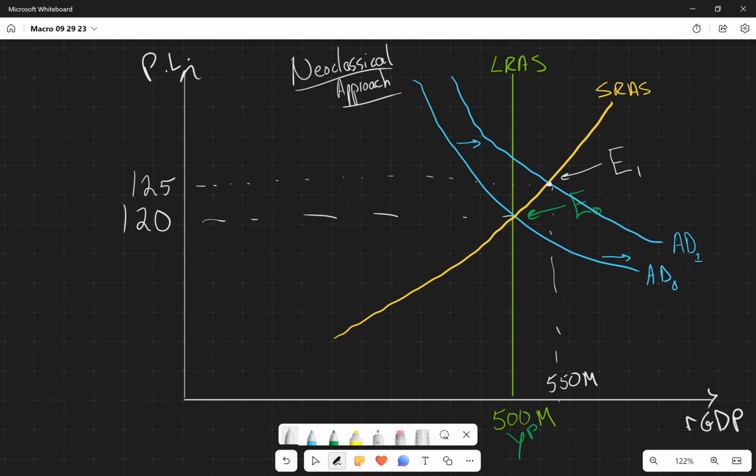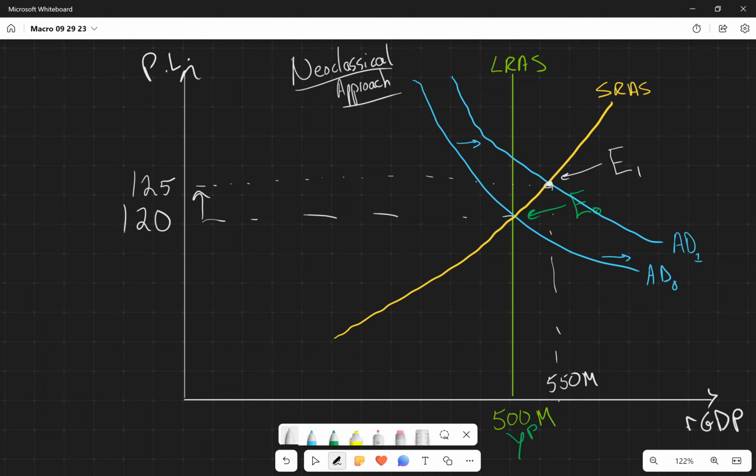So at this higher demand, we're at higher price levels, right? We know that 125 is greater than 120, the price is increasing. Now again, one of the assumptions for the short run aggregate supply curve is that all the input prices are fixed, right? So we're kind of going to half violate that assumption real quick.